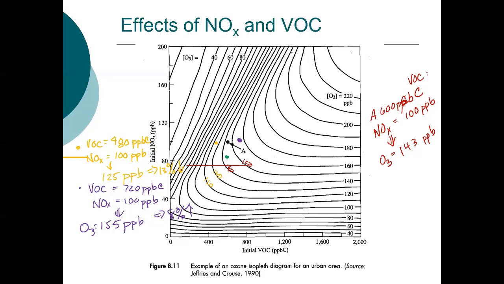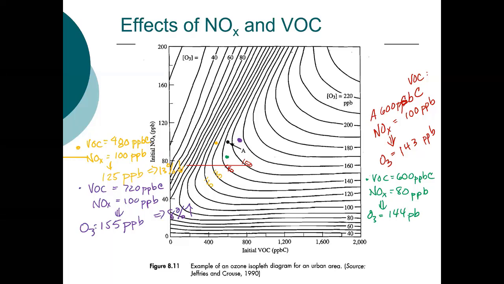Our VOC here is 600 parts per billion carbon, but our NOx, we've decreased by 20%, so it's 80 parts per billion. And we're right in about here, between the 140 and the 150. So we have an ozone concentration of about 144 parts per billion.